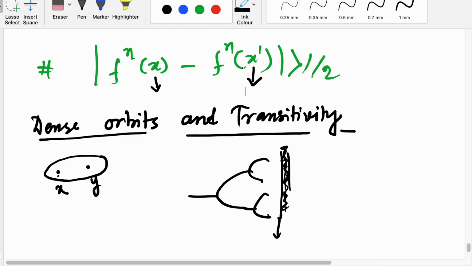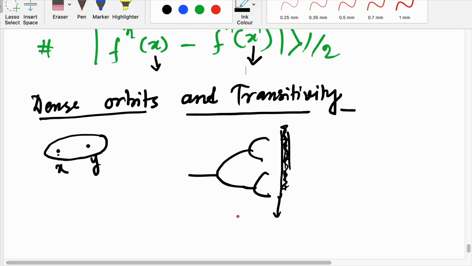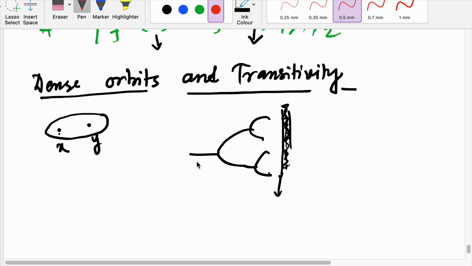So what does this mean? If you recall, when we plotted the orbit diagram or bifurcation diagram, you saw that after some periodic appearance, there are dense points appearing there. As if the iterations of these points are spread all over this interval 0 to 1, very densely.